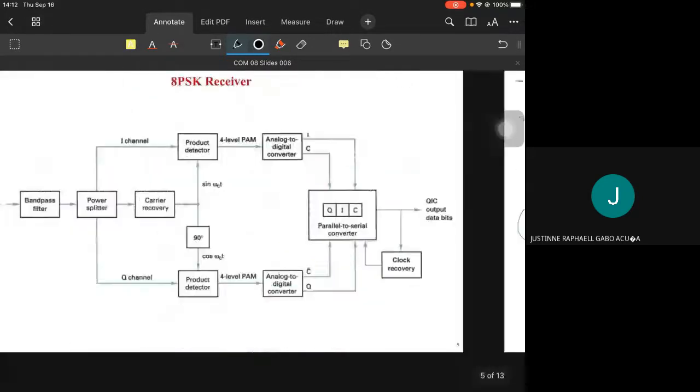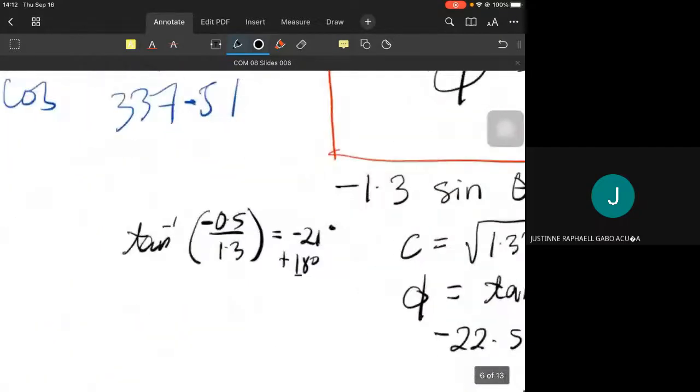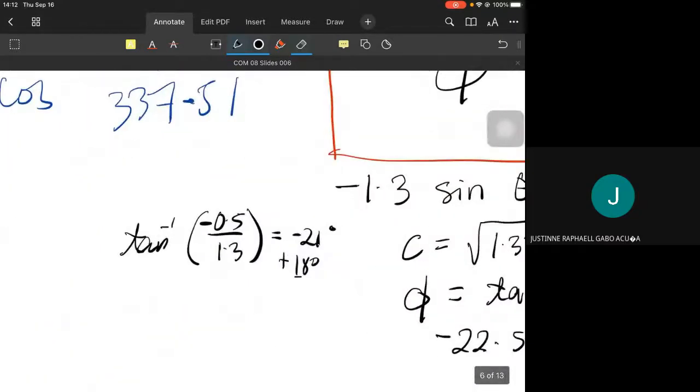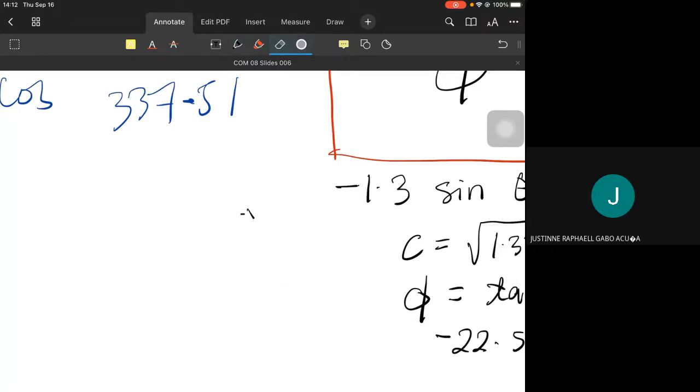But the one we got earlier, negative 21, if 1.3 is negative, then 0.5 is positive, it's not correct. That's why we add 180 to get 157, or 159 in this example. Okay? So let's be careful when we use trig identities.